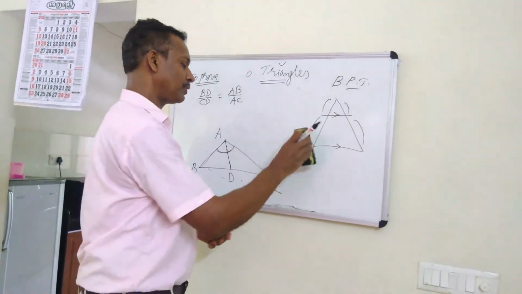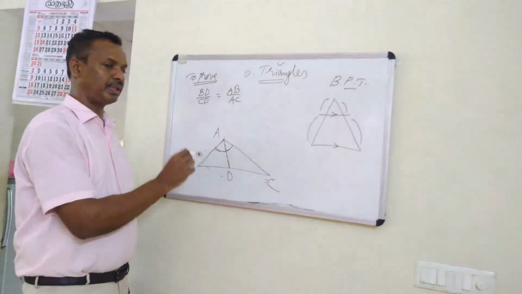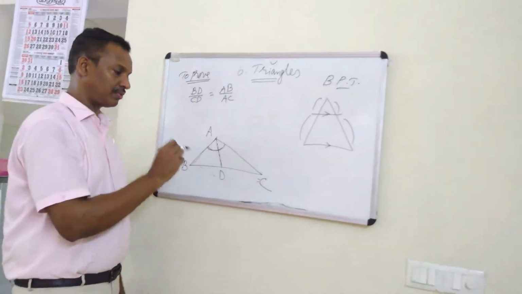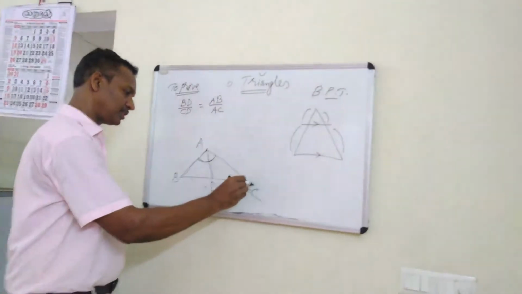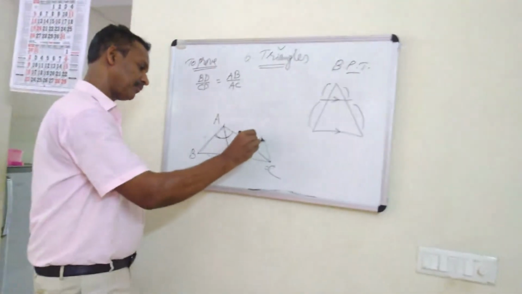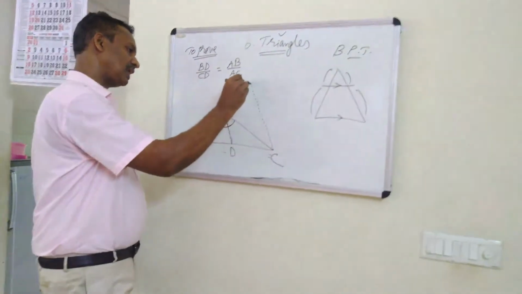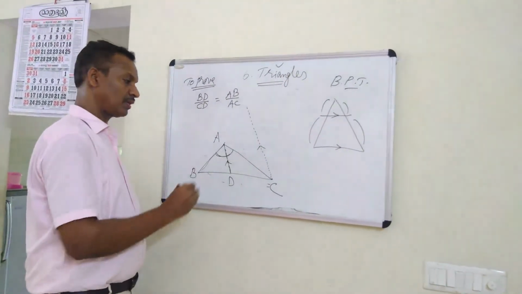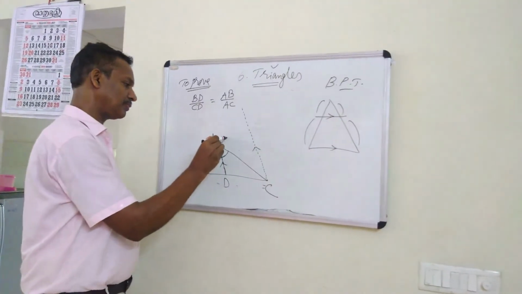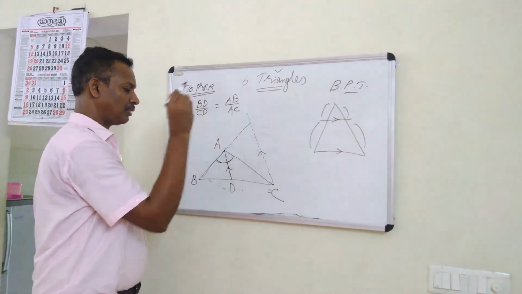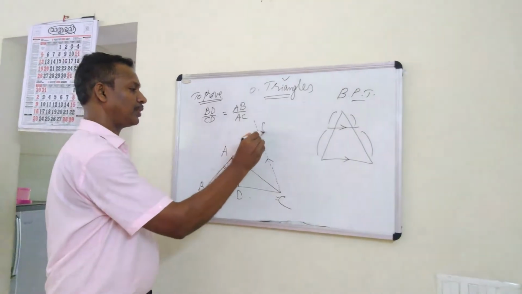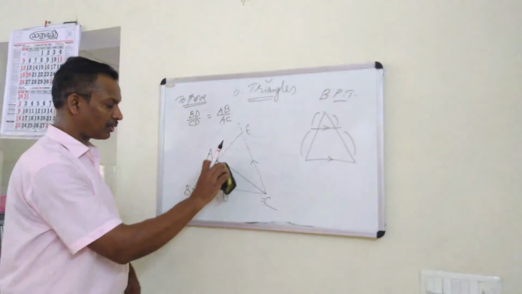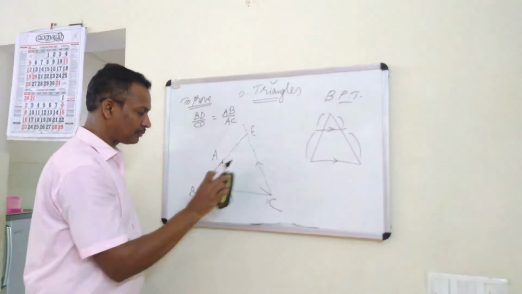So this type of shape should be replicated here, but we cannot see it. To make this shape, from C we draw a line parallel to AD. Then we produce BA, not AB, and these two intersect at a point E.